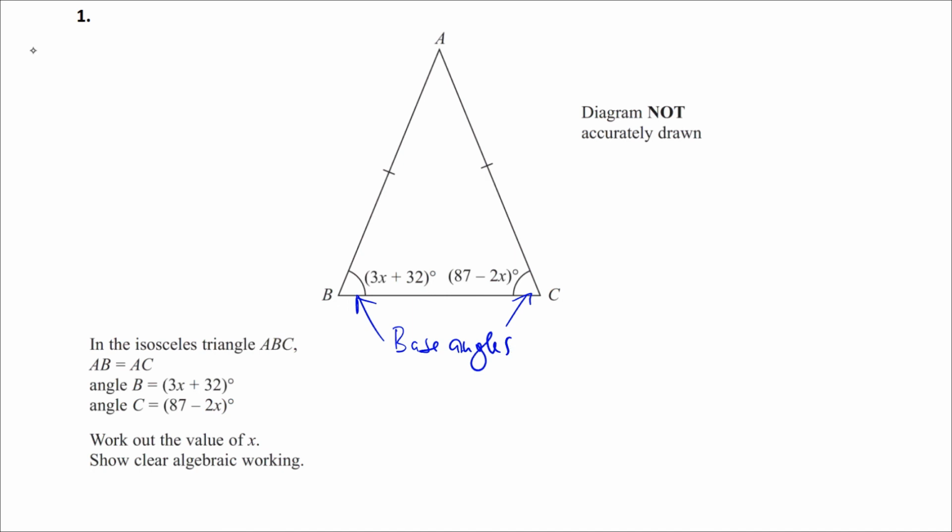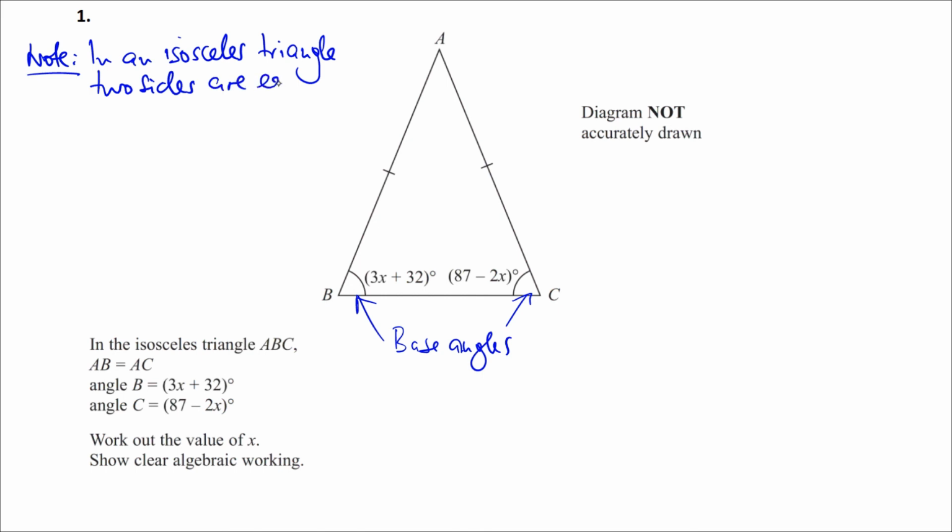So note that in an isosceles triangle, two sides are equal, and two base angles are equal.